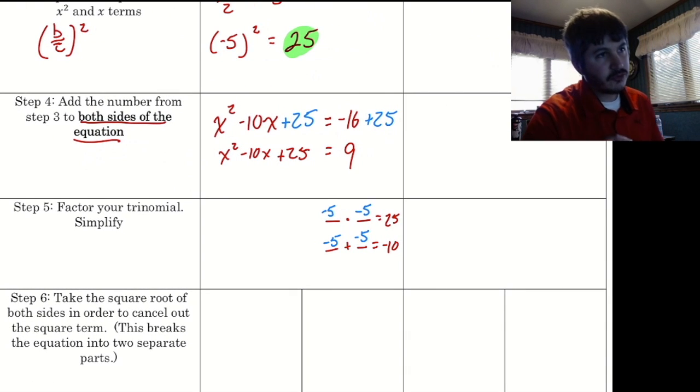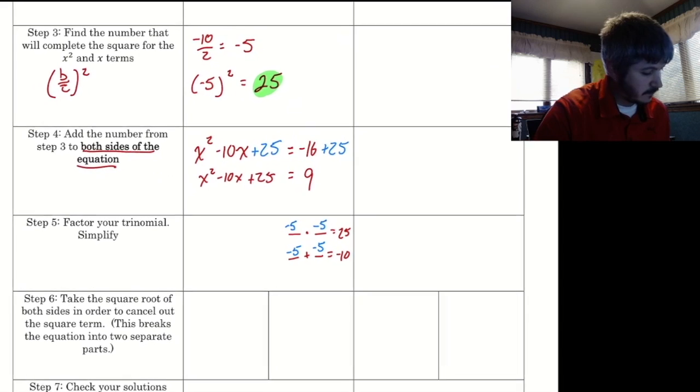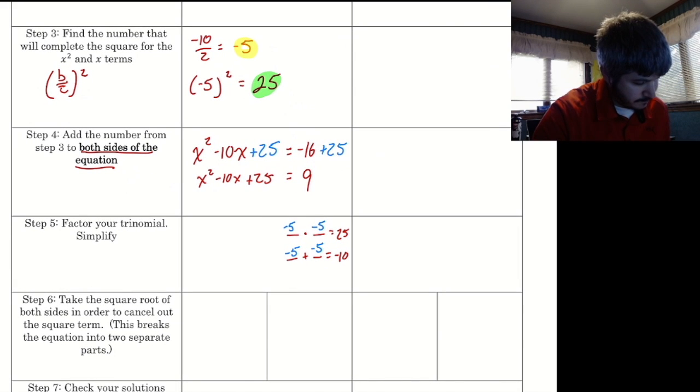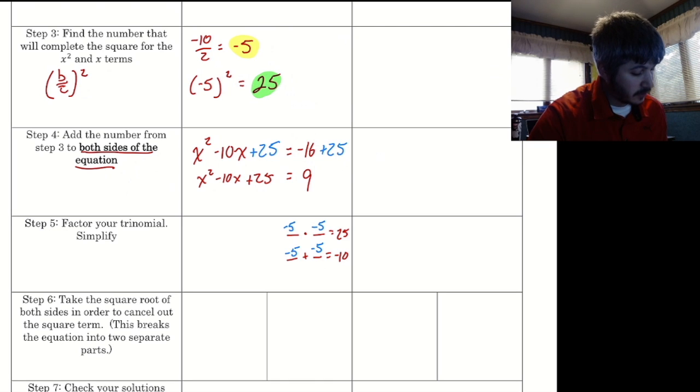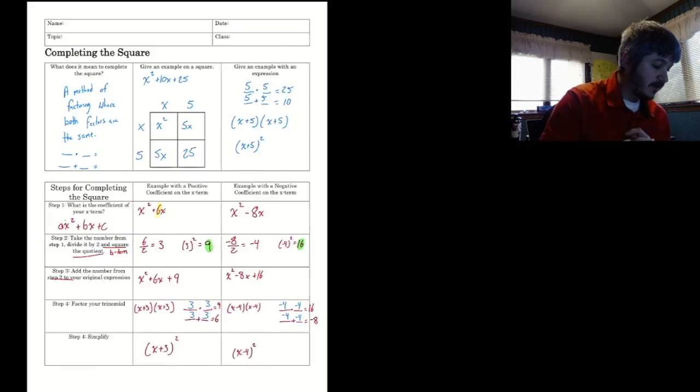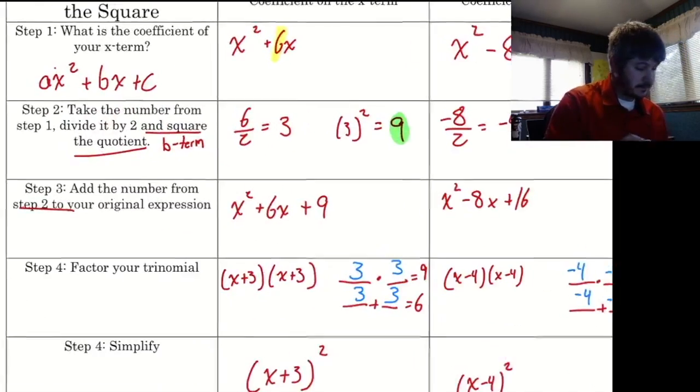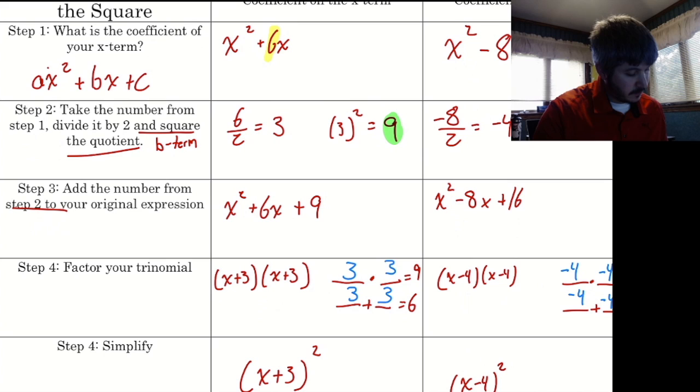Now, a good little trick about completing the square, and I haven't mentioned it yet. I'm going to highlight this number up here. It is always whatever you got when you did your b divided by 2, it is always that number. Every single time. If I look at the previous examples, remember when I divided this by 2? It was 3.